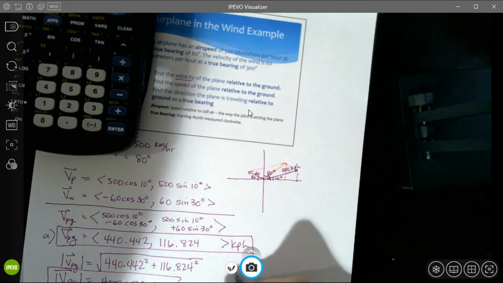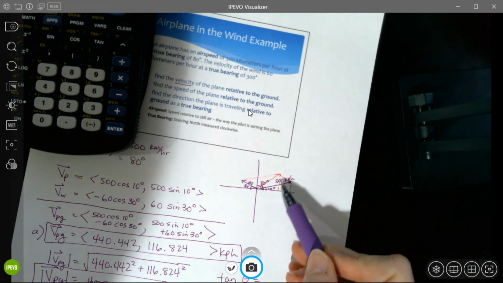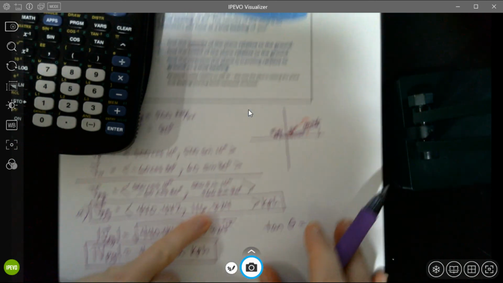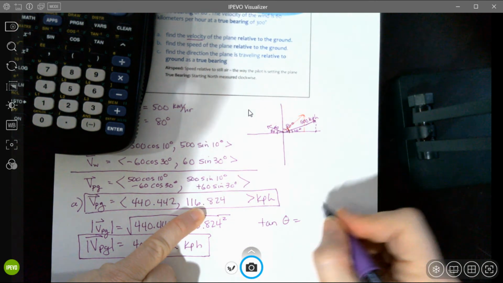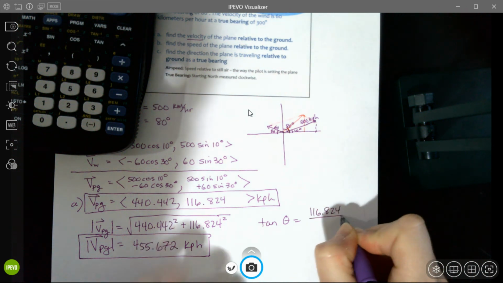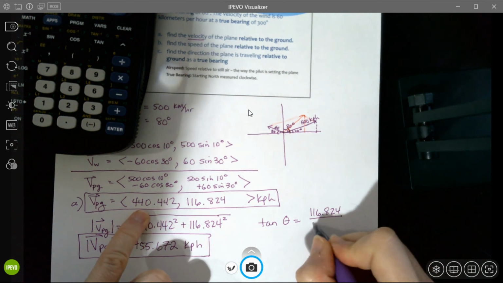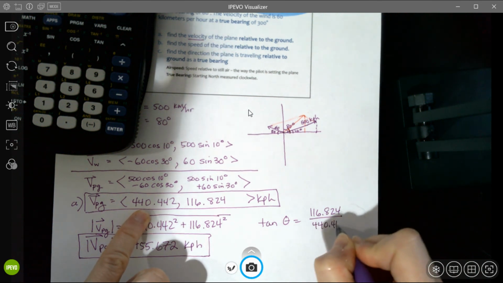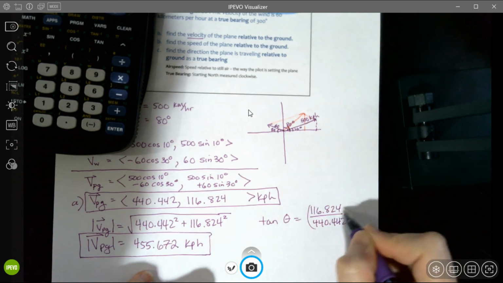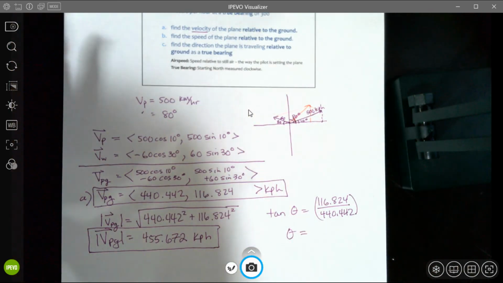So the tangent of the angle is the y, which is 116.824, divided by the x, which is 440.442. Now I'm going to use the original numbers to find theta with the inverse tangent.